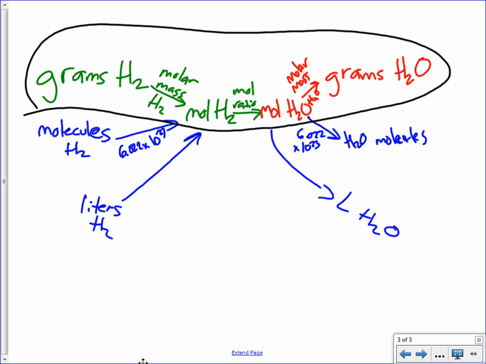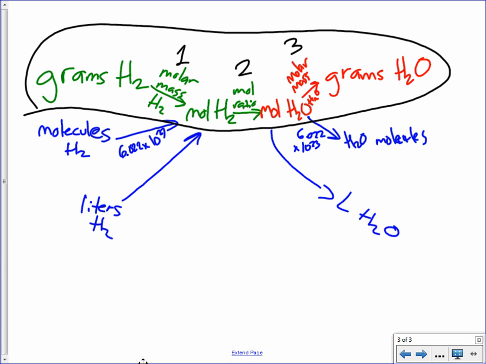Grams of reactant, or grams of one chemical, to grams of another chemical within that reaction. And that's going to be three steps. Molar mass to go from grams to moles of your first chemical. Mole ratio to go from your first chemical to whatever chemical you're converting to. And then the molar mass again to go from moles to grams of whatever chemical you're converting to.